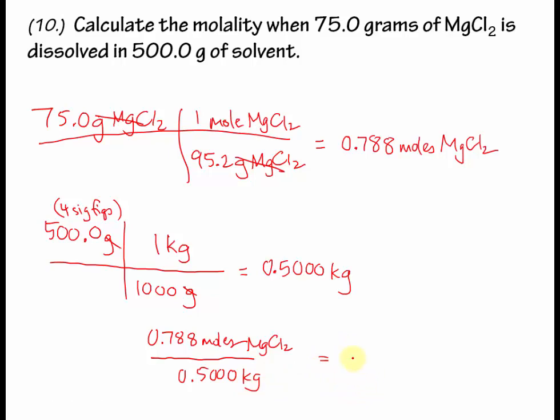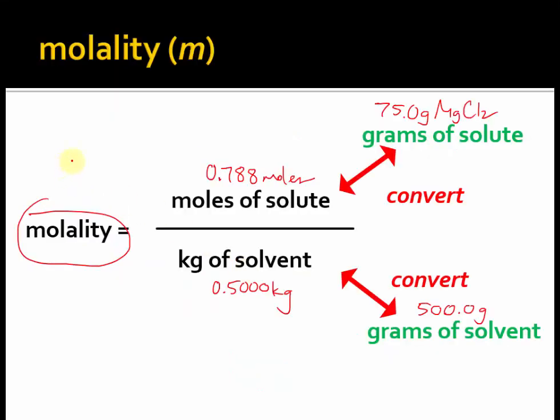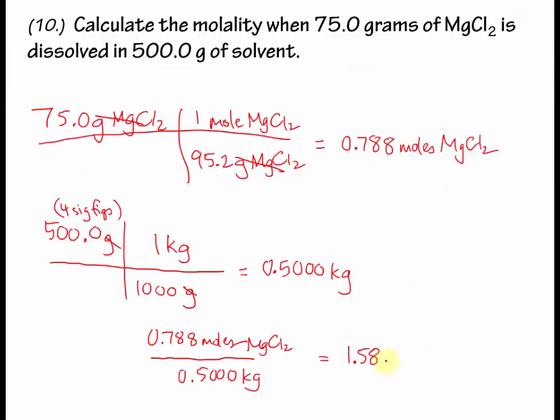When it comes out, I should get, with 3 significant figures now, 1.58 moles per kilogram. And when we abbreviate it, remember for molality, it's way up here at the top, molality is lowercase, italicized if you can, m. So 1.58 moles per kilogram is written as lowercase m, magnesium chloride.